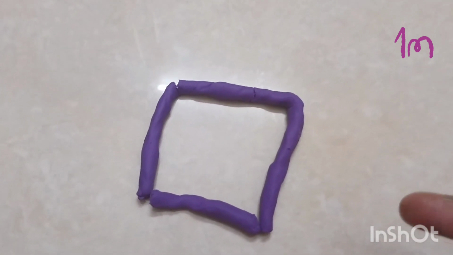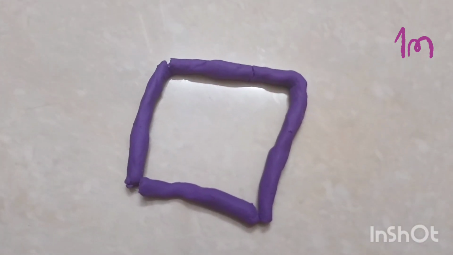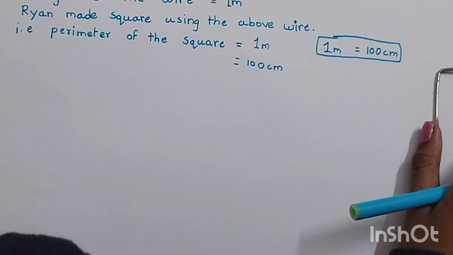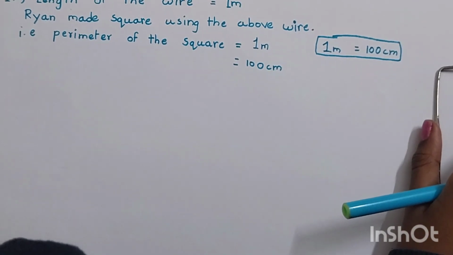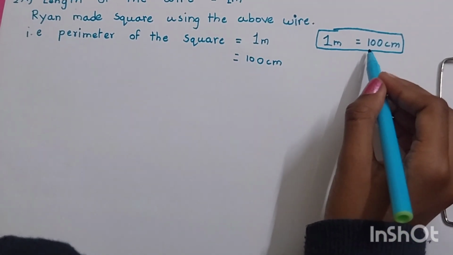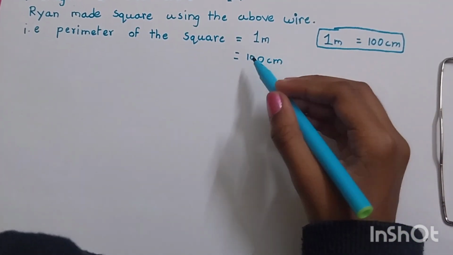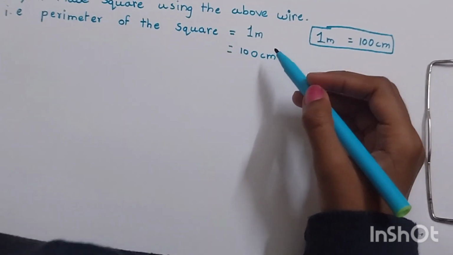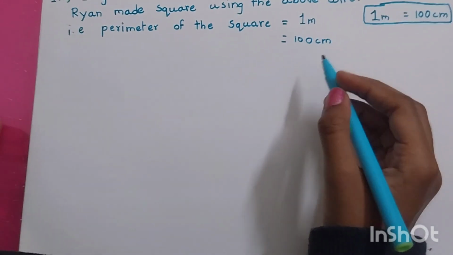First we do the calculation. The perimeter of the square equals 1 meter. We all know that 1 meter equals 100 centimeters. So the perimeter of the square equals 100 centimeters.